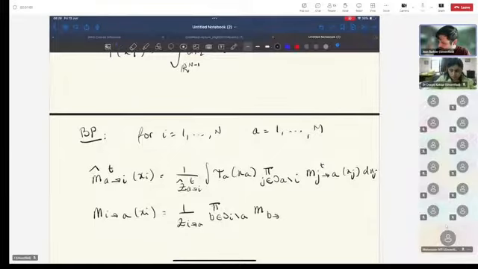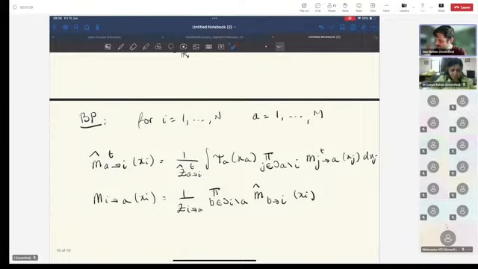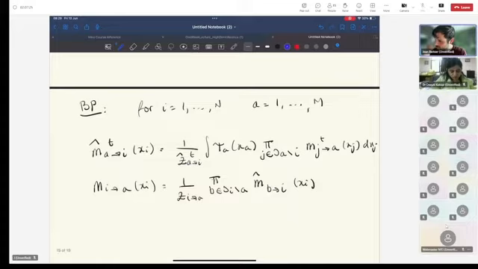And I look at all the information sent by these factors to x_i. Okay? So locally, if you want, you can think of it... let me move this and make drawings.